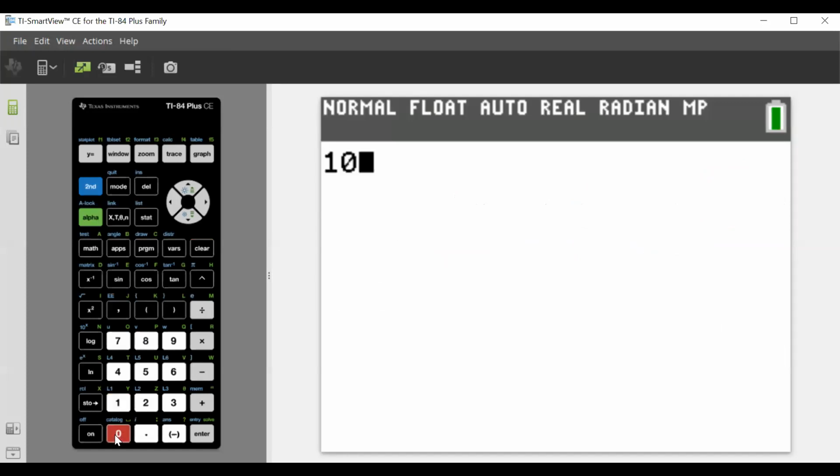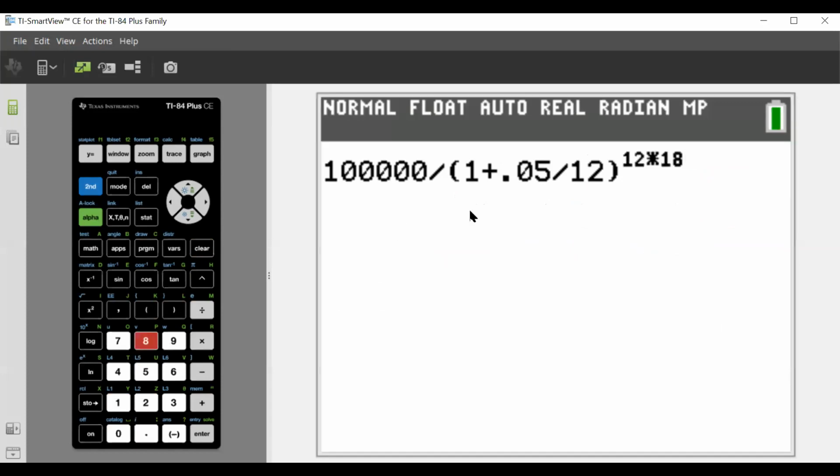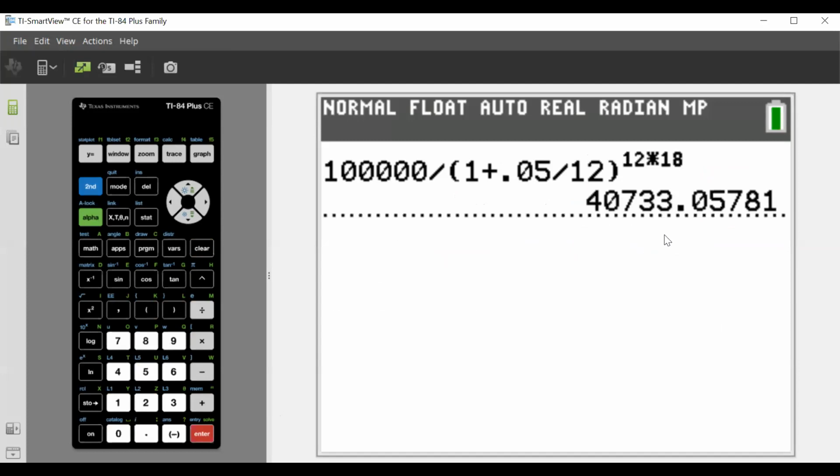So we're taking the 100,000, dividing that by that 1 plus 0.05 divided by the 12, and that raised to the power 12 times 18 years, and I believe that's everything we need. So we need to invest $40,733.06.